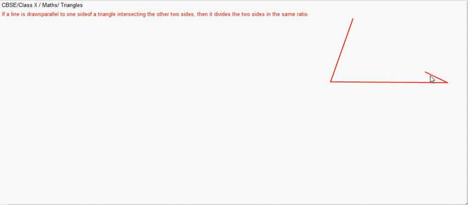We will be proving this statement, how this theorem has been derived, that if a line which is drawn parallel to one side of the triangle, this is the triangle which is named as ABC. Now we are drawing a line which is parallel to one side. I'm drawing a line, this is parallel to BC, and I gave it the name DE.